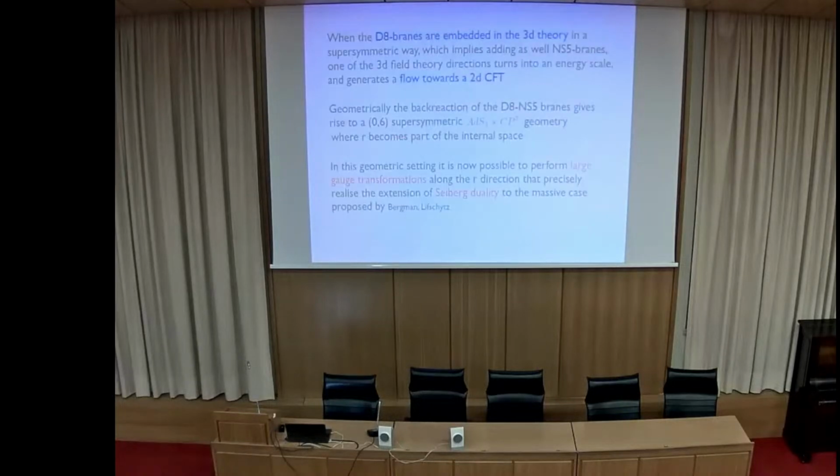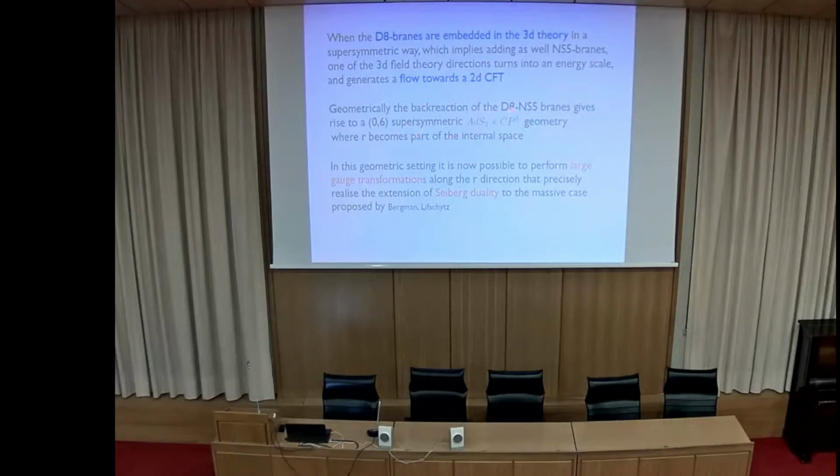The interpretation is that when the D8 branes are embedded in the theory in a supersymmetric way, as we have done, which implies NS5 branes, then one of the 3D field theory directions, using field theory language, turns into an energy scale and flows towards a two-dimensional CFT.